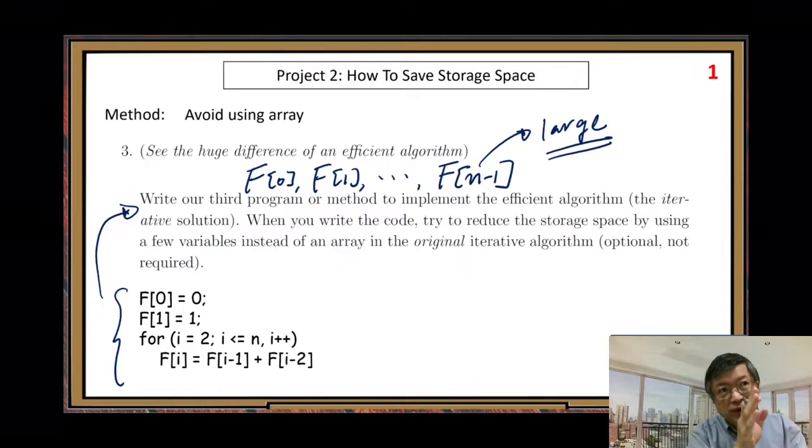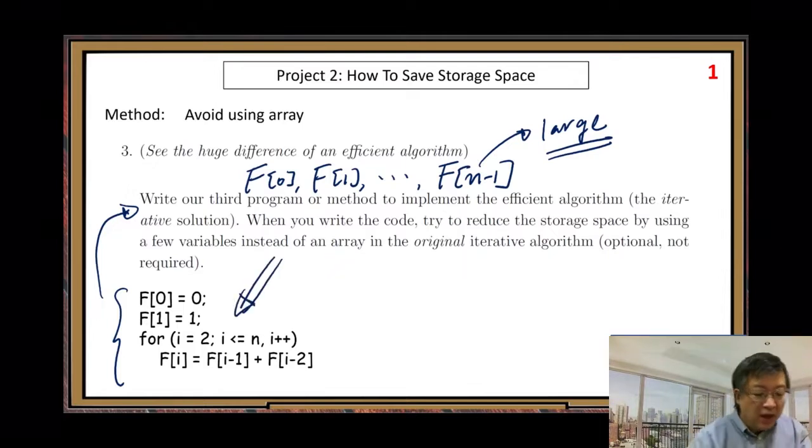But if you look at this algorithm closely, why do we need to use variables to store all these Fibonacci numbers? Why do we need to store all of them, right? So you can ask this question.